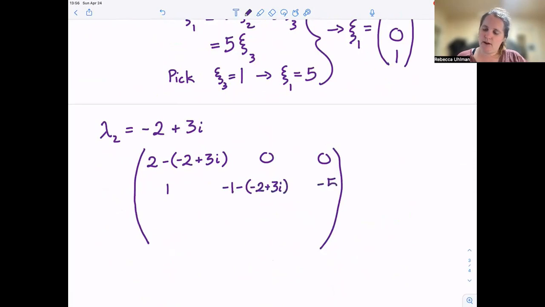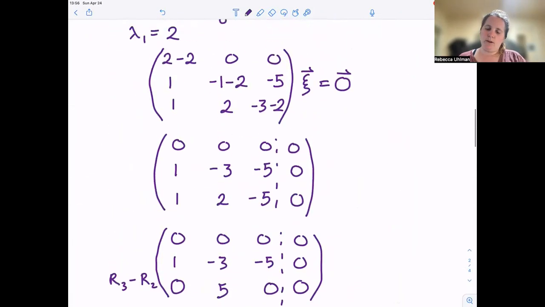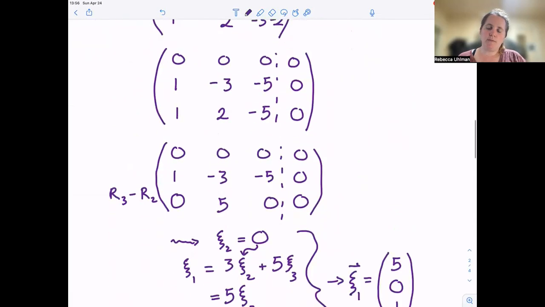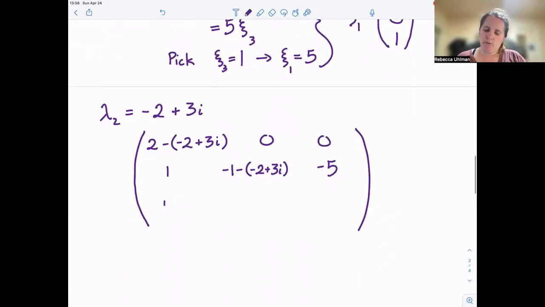And then negative 5. And then for our last row, we had 1, 2, and negative 3 minus lambda. So we are looking at 1, 2, and negative 3 minus, in parentheses, negative 2 plus 3i. This whole matrix is multiplying psi to get 0.